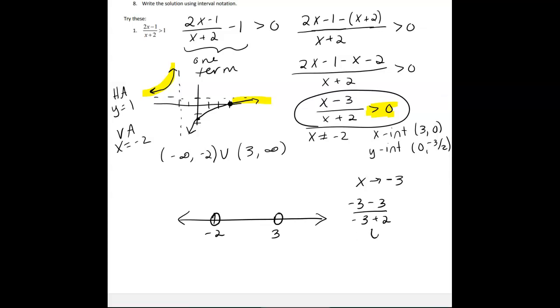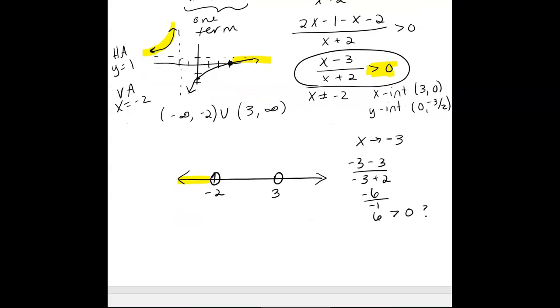So you're getting -6 on the top and you're getting -1 on the bottom. That simplifies to 6. So is 6 greater than 0? Yes, it is. Okay, so I'm going to highlight this section since that section checked. Okay, and then we would continue checking other intervals.